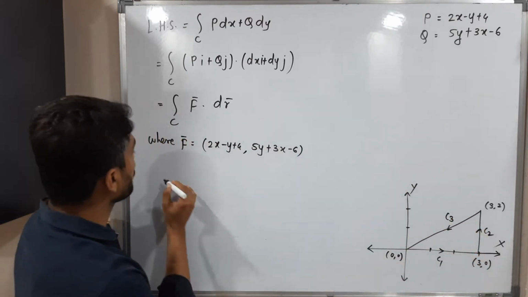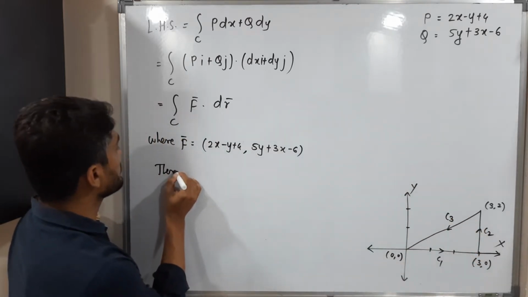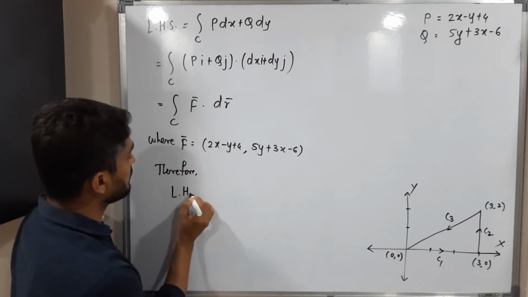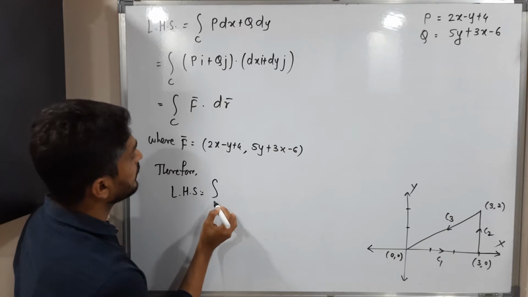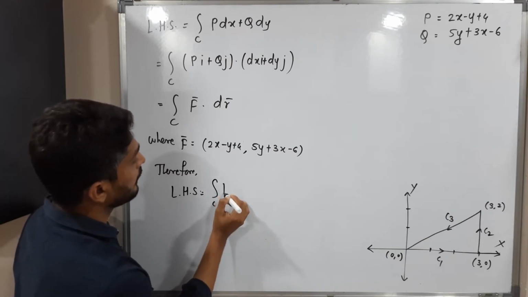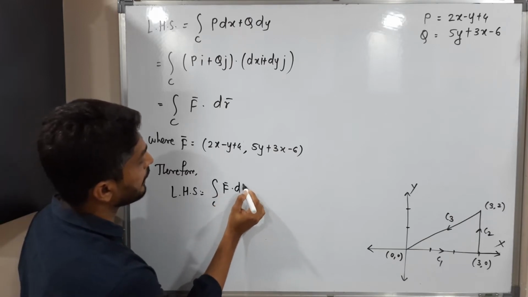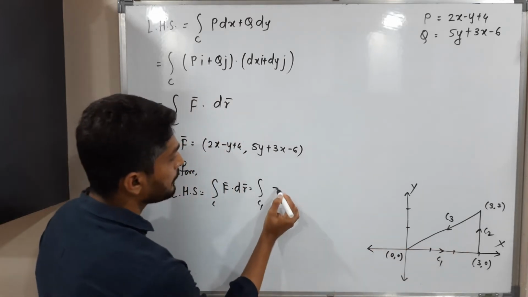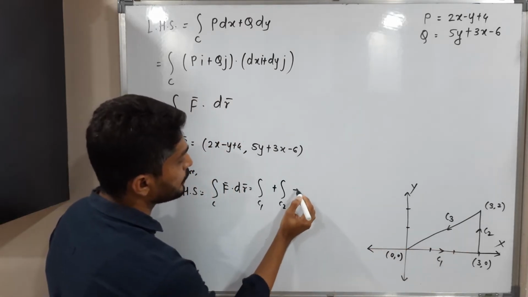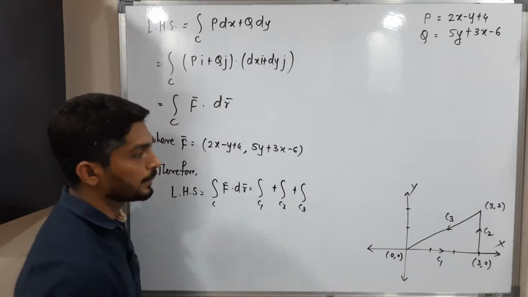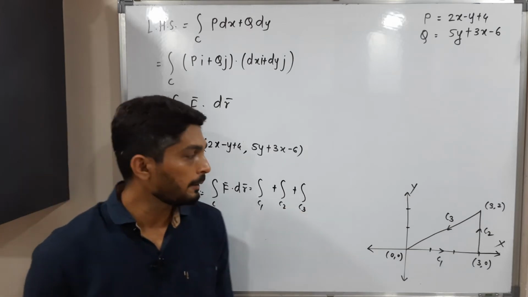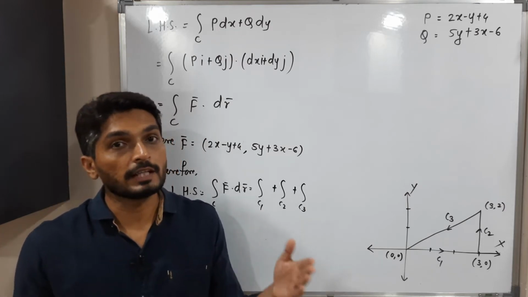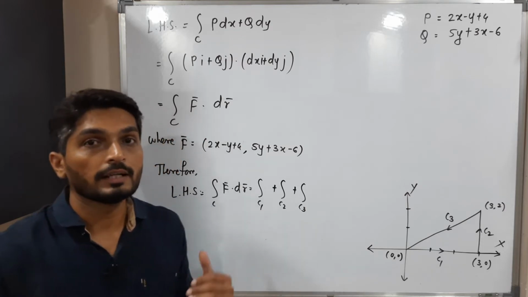Therefore the left hand side, the line integral over C of f bar dot dr bar, is equal to the integration over C1 plus the integration over C2 plus the integration over C3. We will find the values of these line integrals separately and finally add them, so we will have the value of the left hand side.